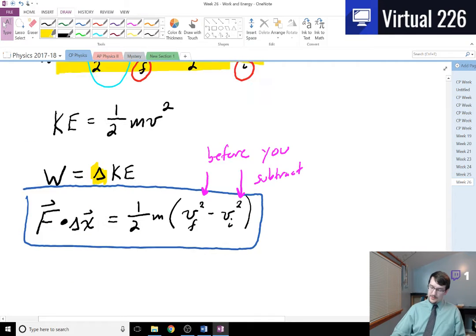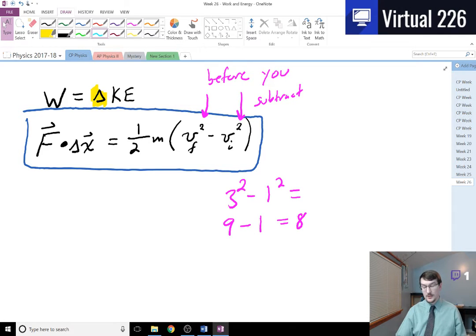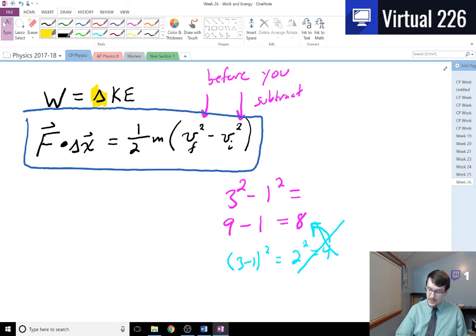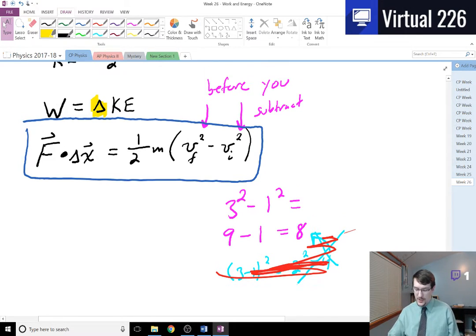If you think of this as 3 squared minus 1 squared, well, 3 squared equals 9, 1 squared equals 1, and that equals 8. If you do this incorrectly and subtract beforehand, like 3 minus 1 squared, that's equivalent to 2 squared, which is 4, and 4 does not equal 8. So make sure you square first before you subtract these terms.